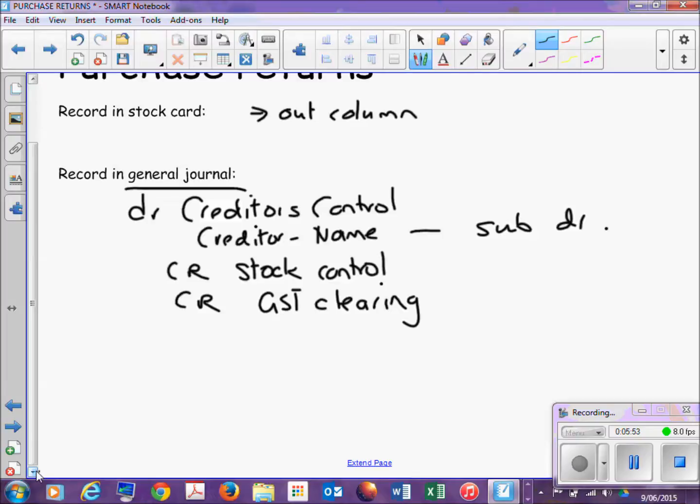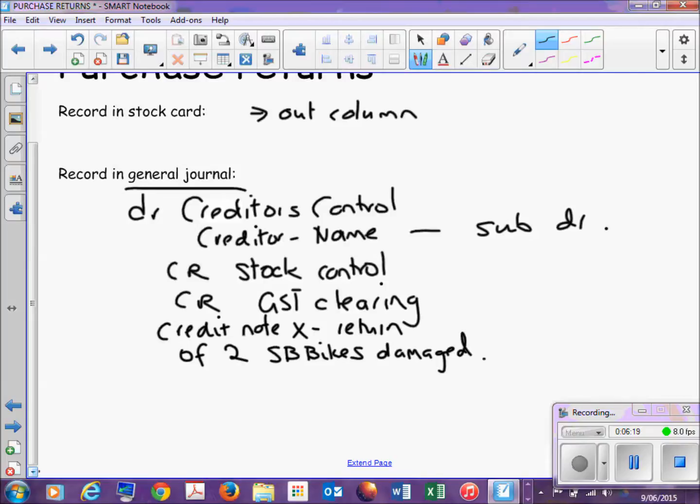If we did a narration, what's the first thing we always put in our narration? The source document, which is not a memo, my friends. It's a credit note. In the narration, we put as much detail as we can. We would put the quantity, so we knew how much stock was gone.